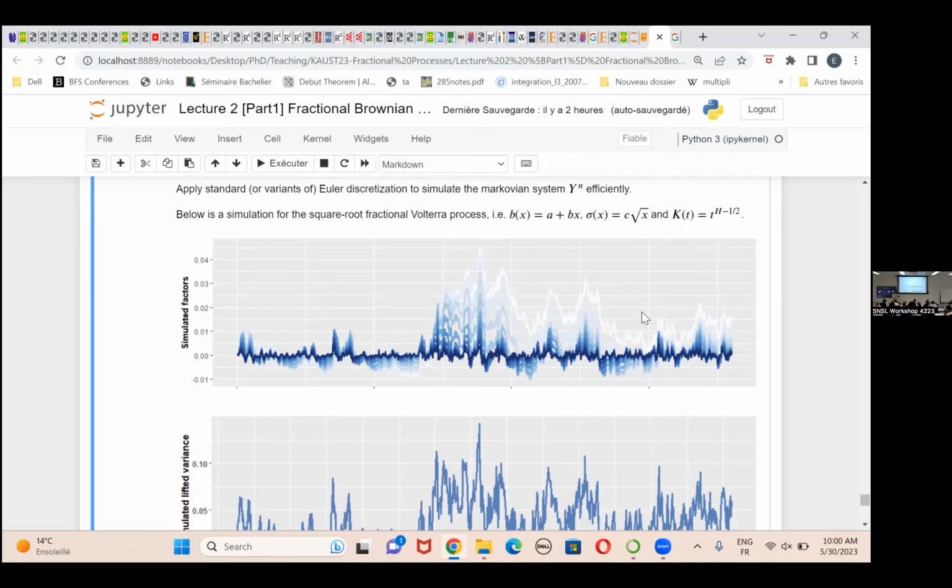Because once you understand that, okay, maybe roughness is just fast mean reversion and large vol of vol, then okay, if you want to implement things, let's start from a model where I include fast mean reversion and large vol of vol. Let me implement the Markovian model that has approximately the same properties, at least at the time scale I'm interested in, instead of implementing a non-Markovian model.